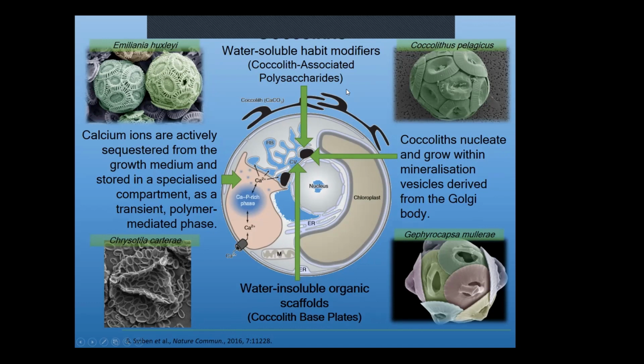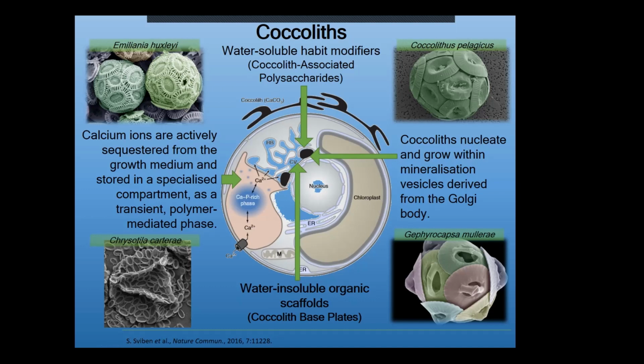And then we have acidic polysaccharides, which we call water-soluble because they dissolve in water. They're thought to be helping with processes like transport of calcium to the coccolith vesicle, perhaps crystal nucleation, perhaps control over the shape. We don't really know too much exactly what they're doing, but we know this.